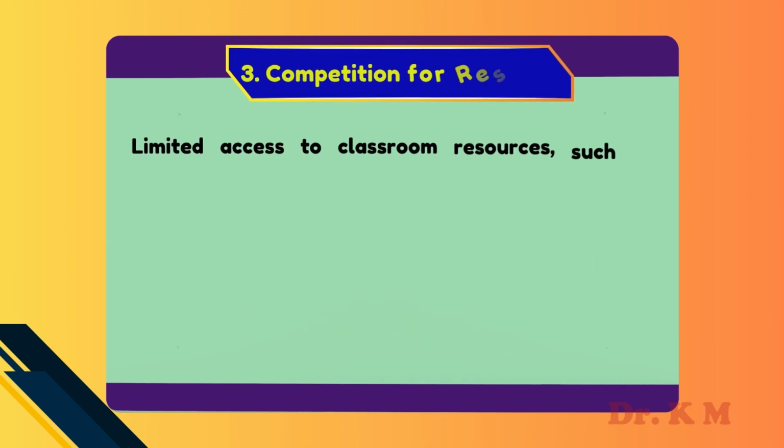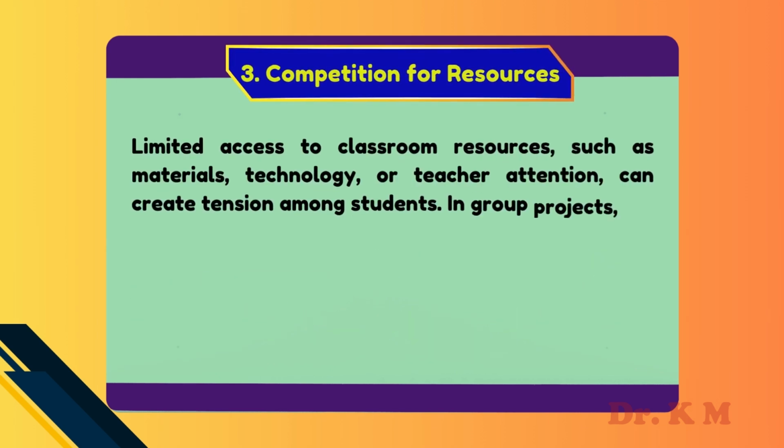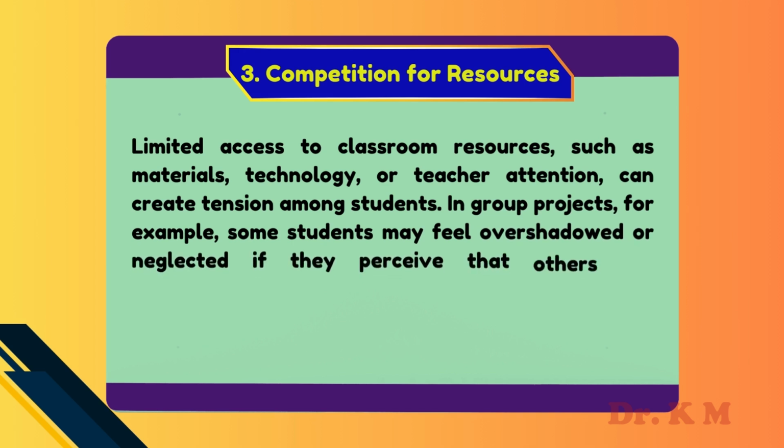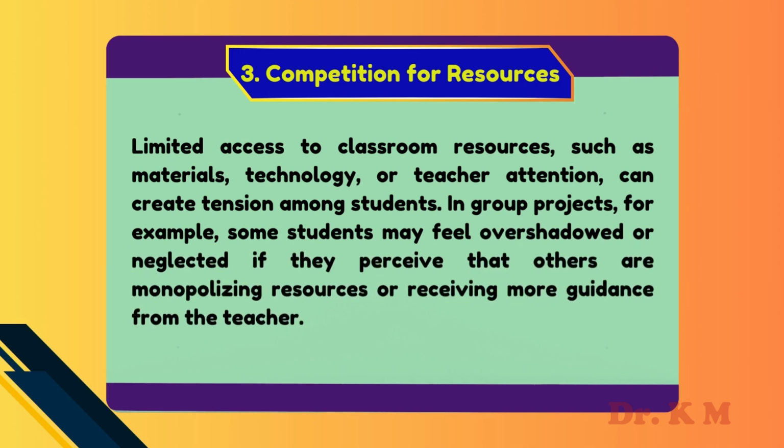3. Competition for resources. Limited access to classroom resources, such as materials, technology, or teacher attention, can create tension among students. In group projects, for example, some students may feel overshadowed or neglected if they perceive that others are monopolizing resources or receiving more guidance from the teacher. 4.